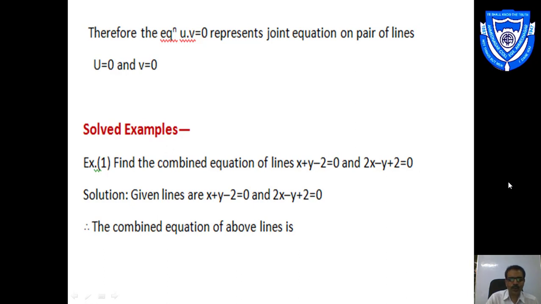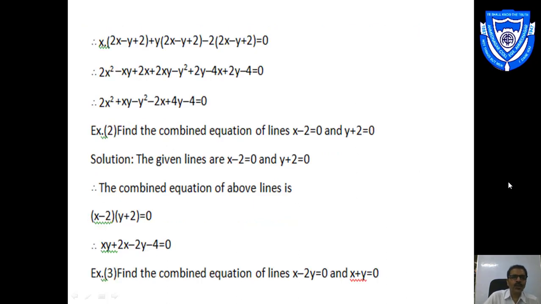Now you can take the product of these two trinomials precisely. x into 2x minus y plus 2, plus y into 2x minus y plus 2, minus 2 into 2x minus y plus 2 is equal to 0.